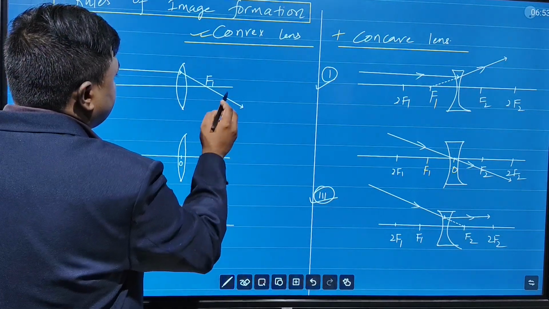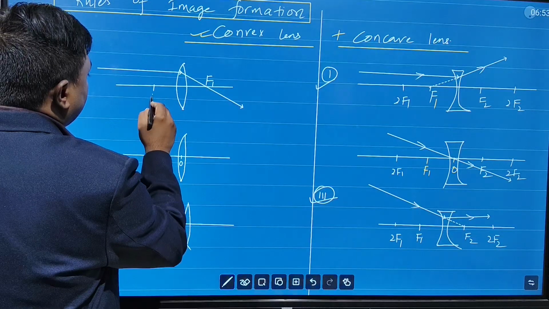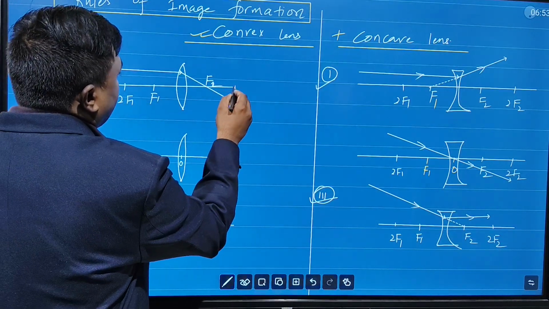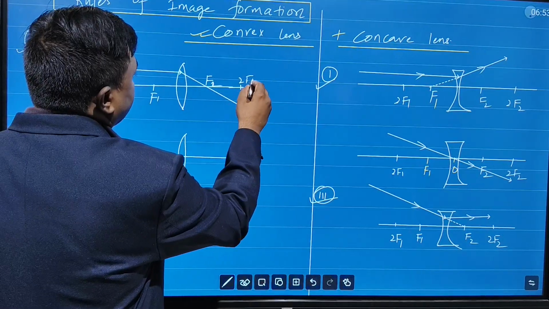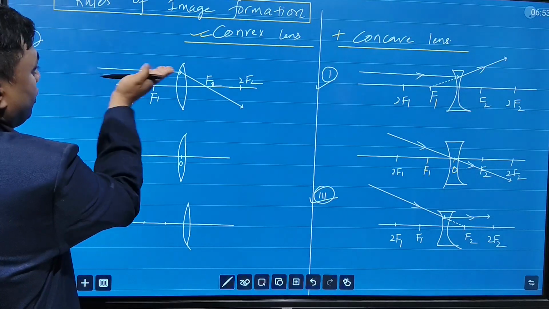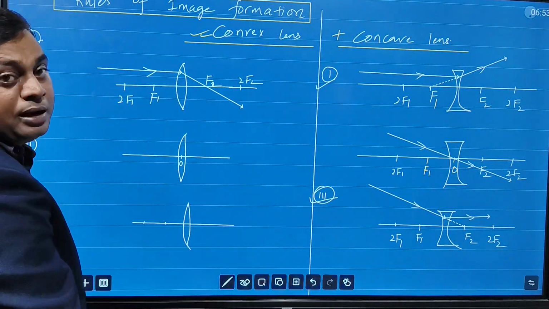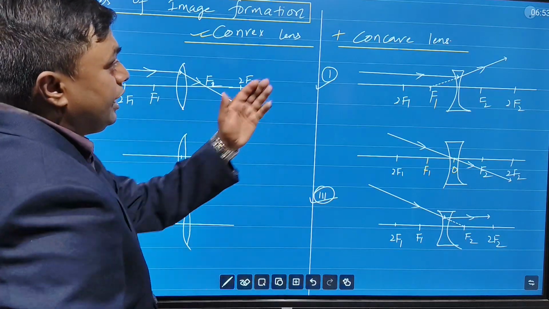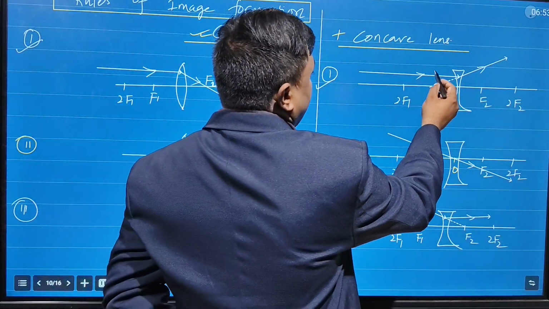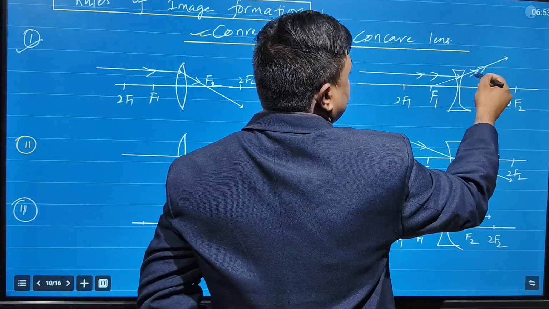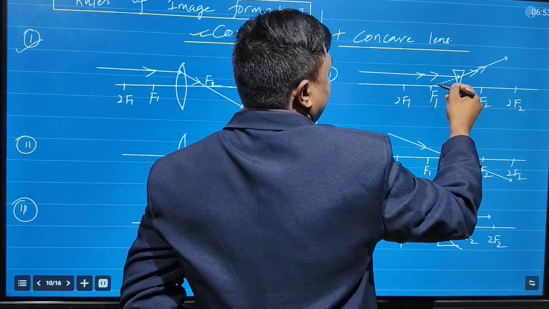There are two foci: this is f1 and this is 2f1, this is f2 and this side is 2f2. In case of a concave lens, if a ray of light is parallel to the principal axis, after refraction it will appear to pass through the focus. It will diverge like this, appearing to pass through f1.